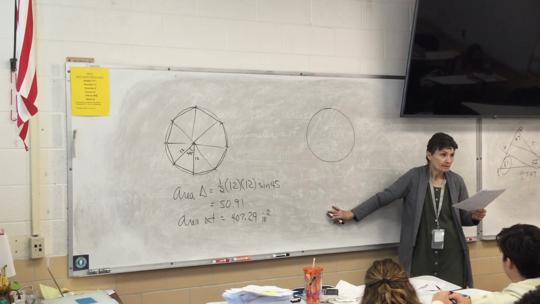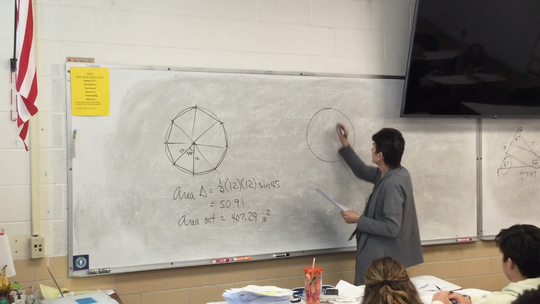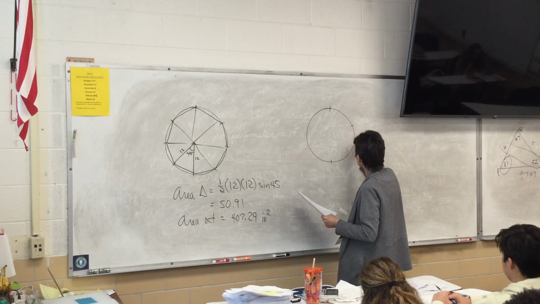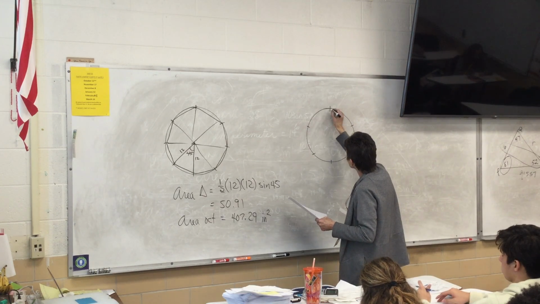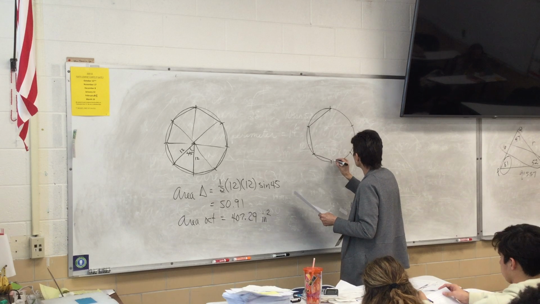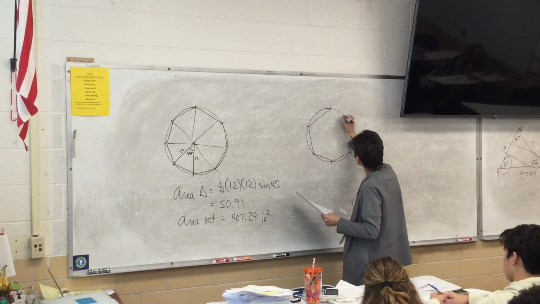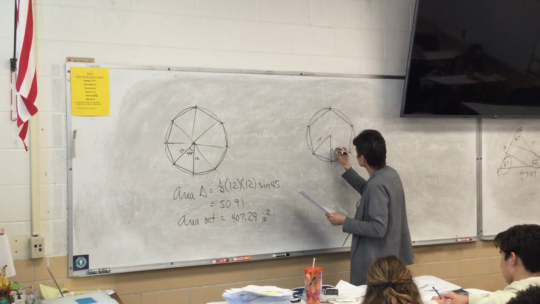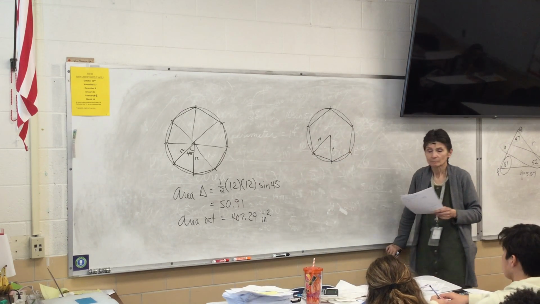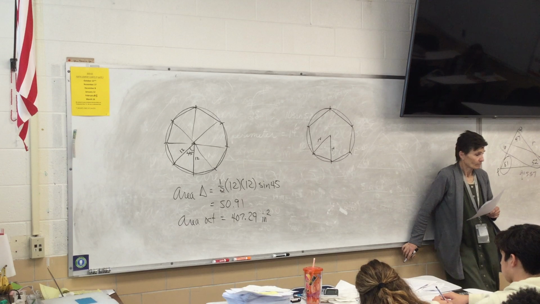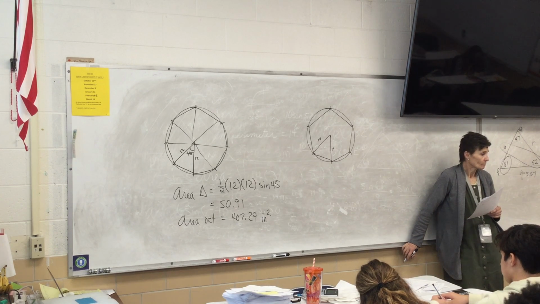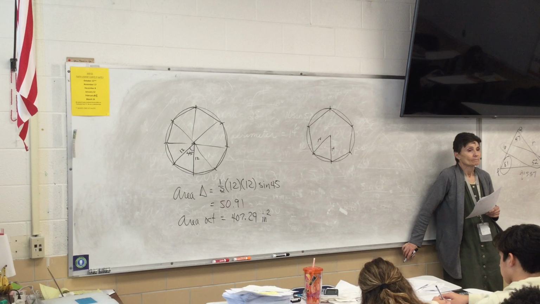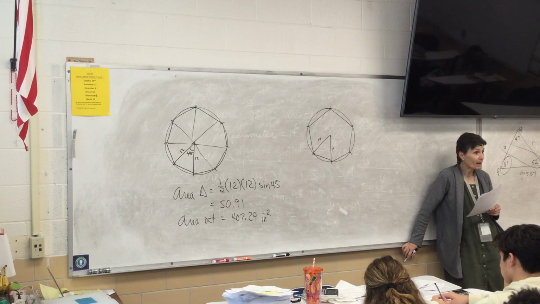It's a hexagon, which means 6, right? And the radius is now 14. So here's my hexagon, and the radius is 14. Same problem, just about, would you agree?